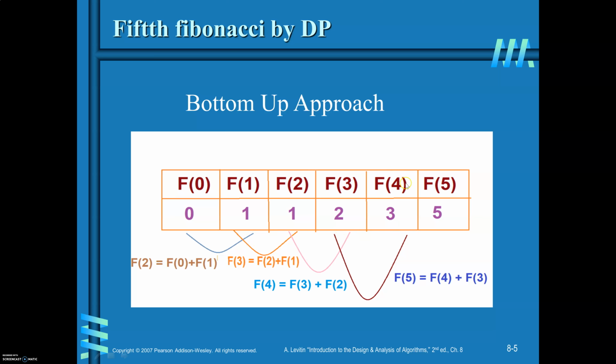Then F4 can be calculated from previous column plus previous to previous column, that is 2 plus 1 equal to 3. Finally, F5 can be calculated by using previous column value 3 plus 2, that is equal to 5. This is what the dynamic programming approach is here.